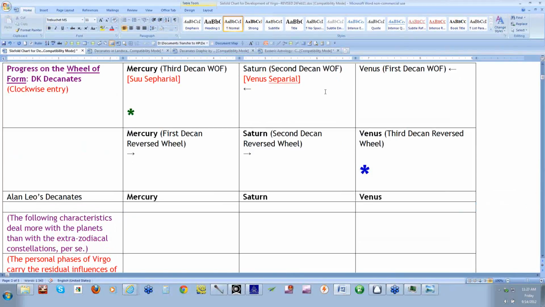Okay, I just have to find my cursor, which sometimes disappears. Sepharial's decanates. He calls them the Sun, and then Venus, and then Mercury. And they fit with the degrees.